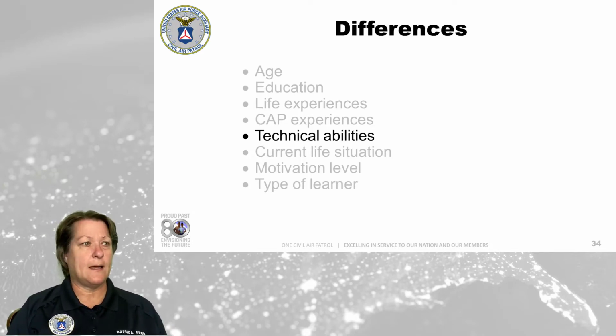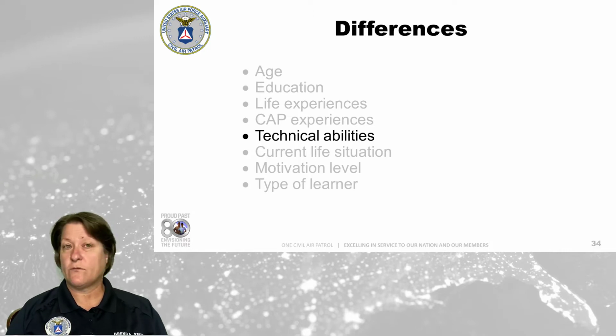In a couple of the level 5s, they have to do voice in their PowerPoint, and that's a technological challenge for many of them. So some of them are learning how to use technology in order to create their assignments. So we have different technical abilities as well.